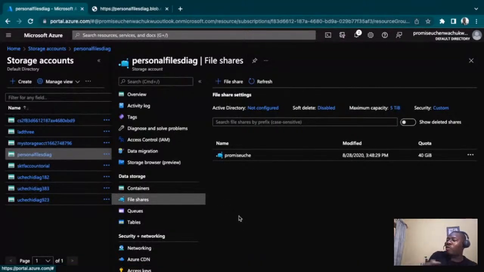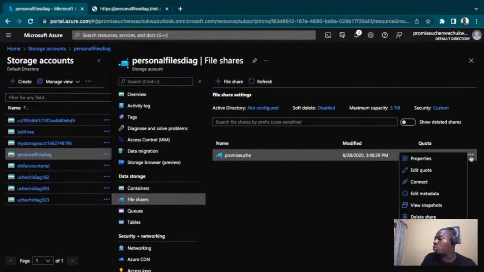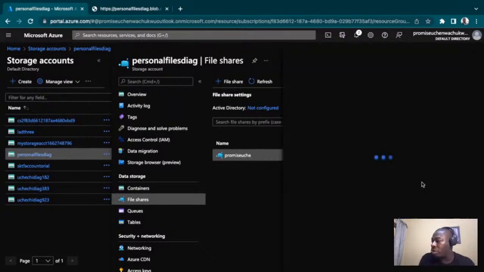I already created a file share of 40 gigabytes. Now, take for instance, I want to mount this file share on my system so that anytime I need the file share, I can have access to it. One of the things I can do is click on this connect button.